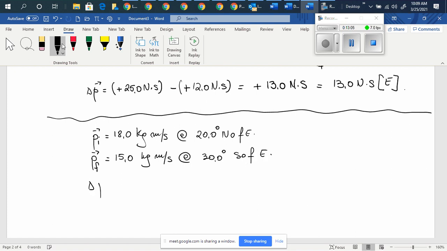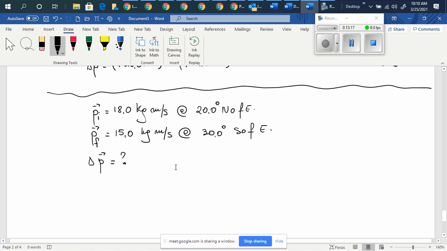What is the change of momentum that this object is experiencing? Let's first do it graphically and then using components.